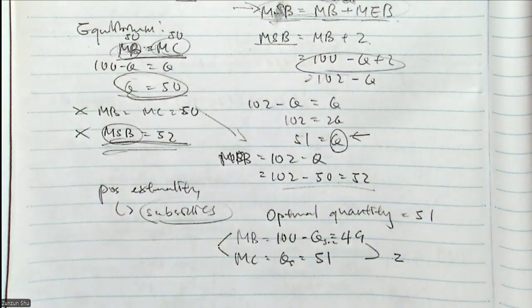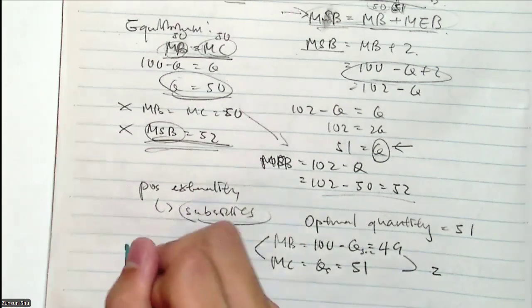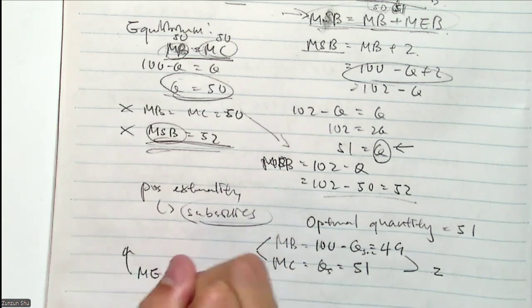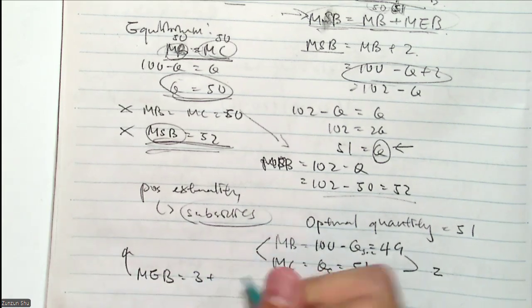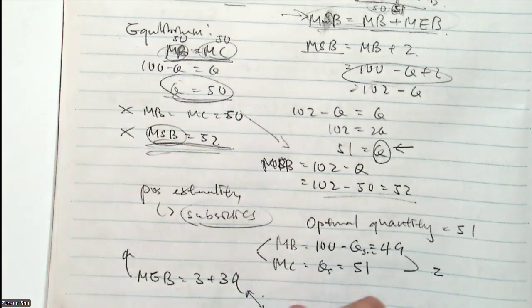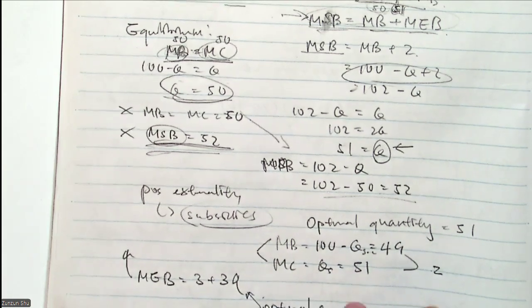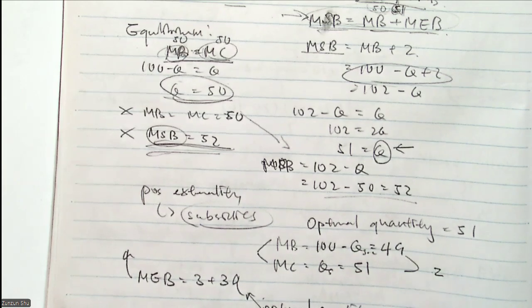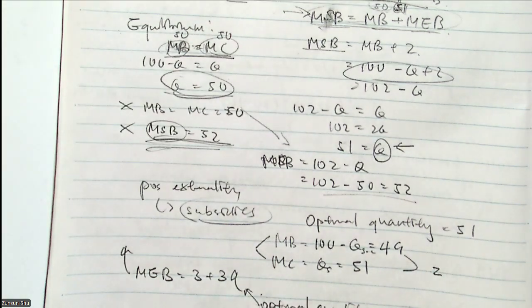Because this question is honestly not your typical subsidy question. Oftentimes she would give you an MEB which equals something like 3 plus 3Q, and you use the optimal quantity, which is like 4.